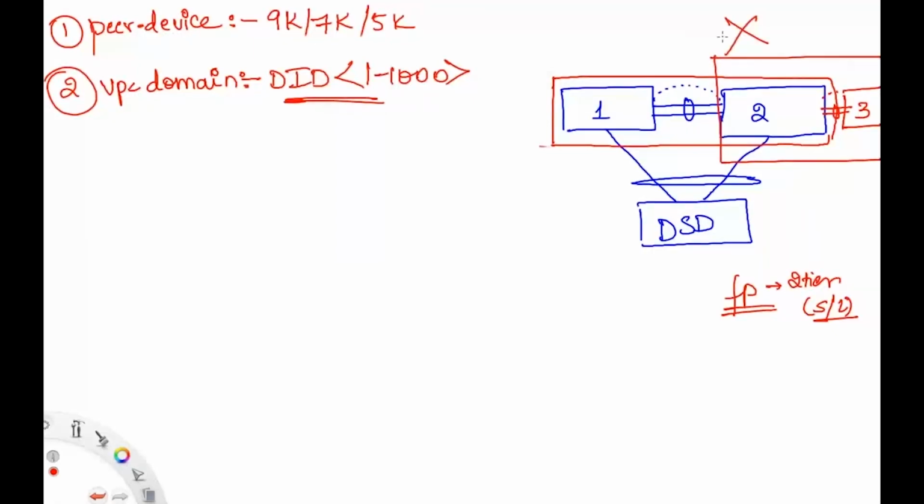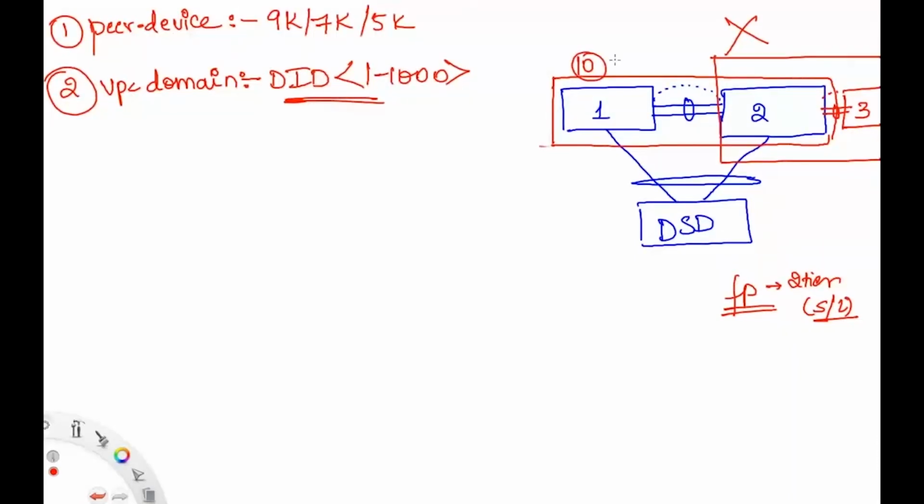It is not supported. The rule says one Nexus switch, or rather one peer device, can only be a part of one VPC domain at a time. Peer device 2 is already in a VPC domain with peer device 1.